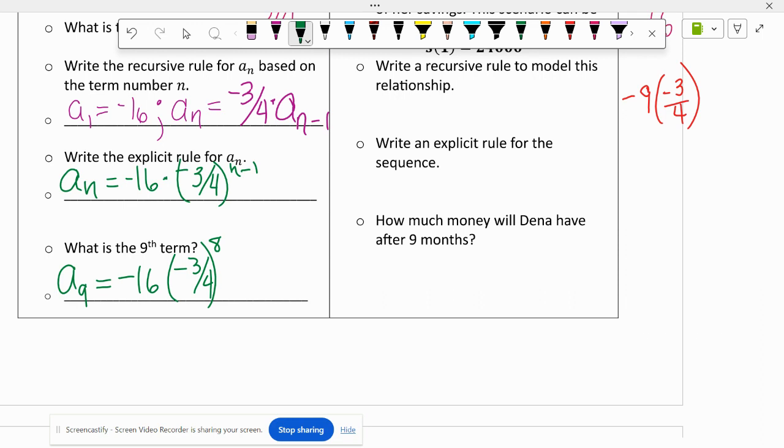I need at least 2 people to get the same answer. So negative 16 times, parenthesis, negative 3 divided by 4, close your parenthesis, caret 8.